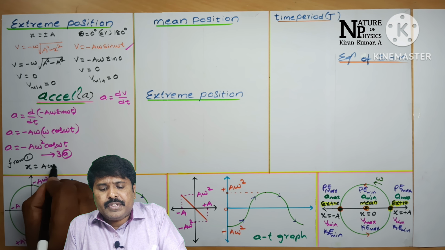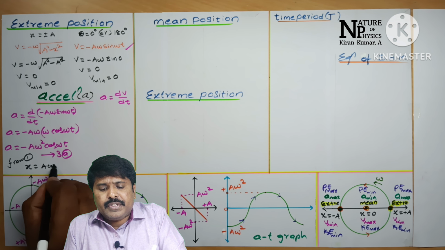Okay, and replacing in this equation, we are going to get velocity v is equal to minus a omega root over 1 minus, so here cos omega t is x by a, so that x square divided by a square, and continuation taken LCM, v is equal to minus a omega root over a square minus x square divided by root over a square.